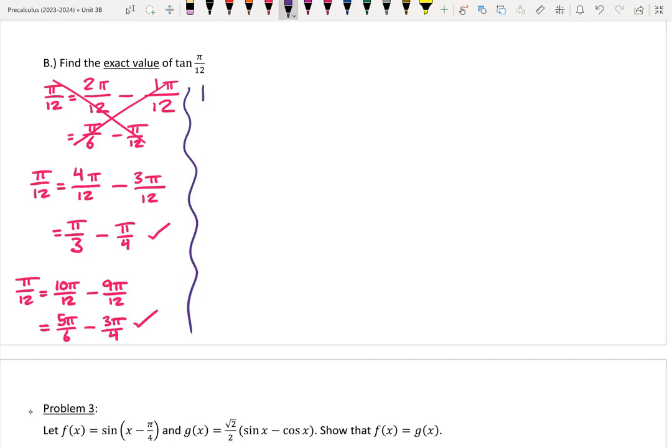All right, do we have a formula for tangent? So tangent of pi over 12 would be equal to tangent of pi over 3 minus pi over 4. Is there a formula for tangent of u minus v? Do we have it listed? No, we do not. Technically there is, but I didn't list it for you, because going back up to the quotient identity, what is tangent equal to?